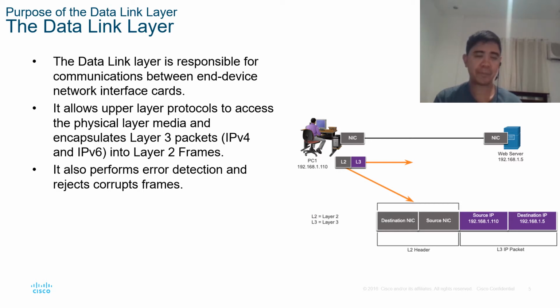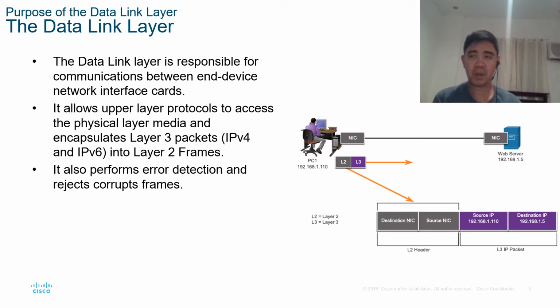During receiving, if the data is to be passed to the upper layer, a function of the data link is also to prepare the frame for its upper layer, the network layer. So take note, the data link is in the middle of the physical and the network layers.